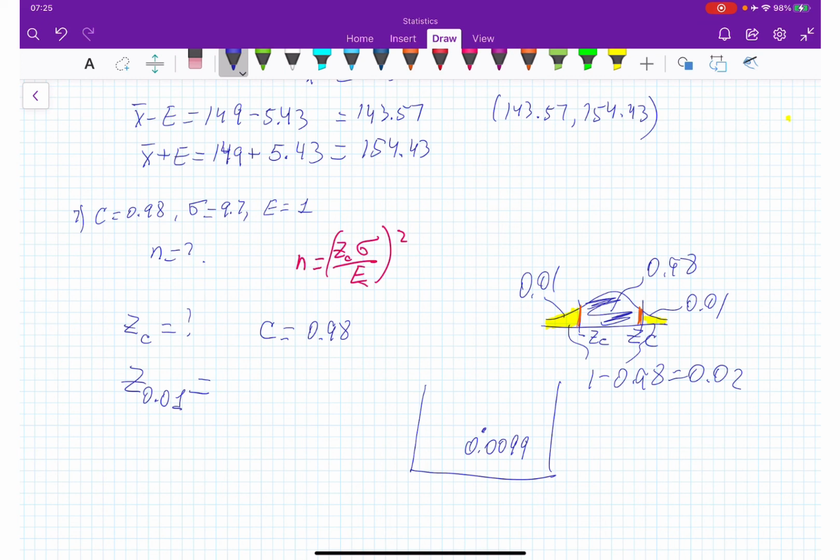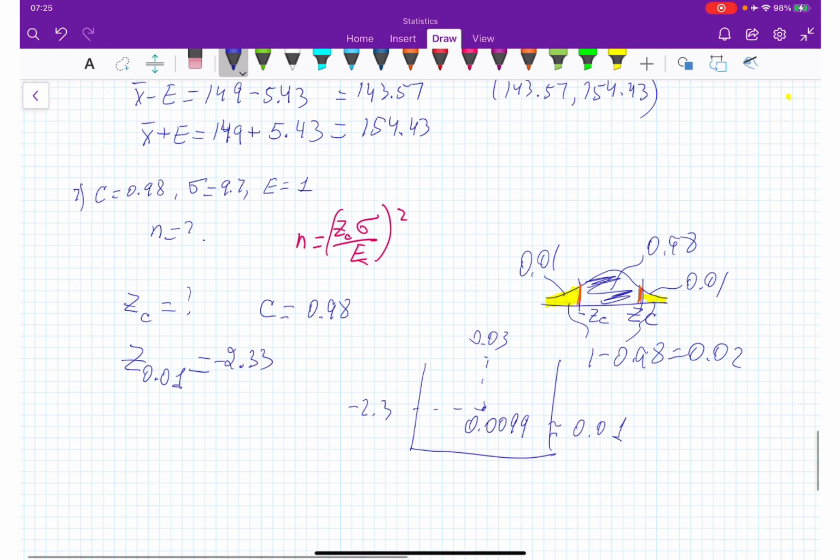So if you round it up, it approximately will be 0.01, right? And coming here, it's going to be negative 2.3, going up, going to be 3. So negative 2.33, which means we are going to use positive one, right?